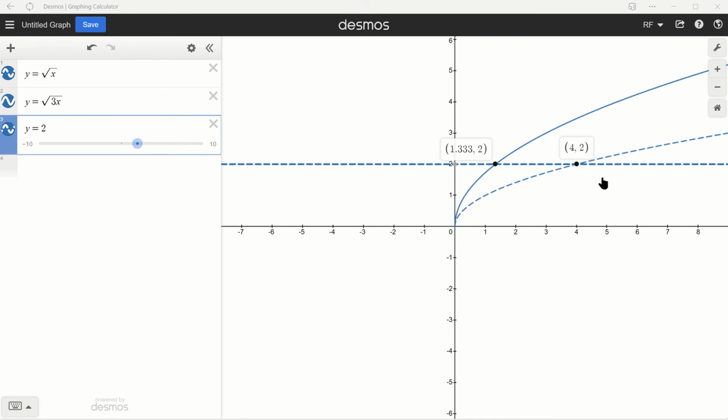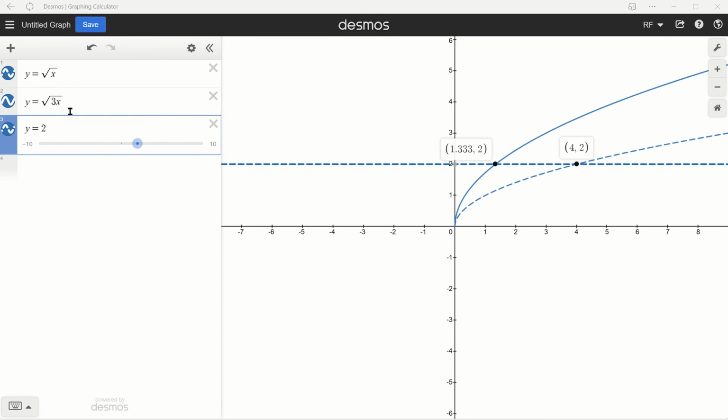And again, if you notice, it looks like a vertical what? Stretch. Horizontal compression, vertical stretch. It looks like this thing has been vertically stretched, doesn't it? Okay. So that's what we're talking about when we say that this function is horizontally compressed compared to that function.